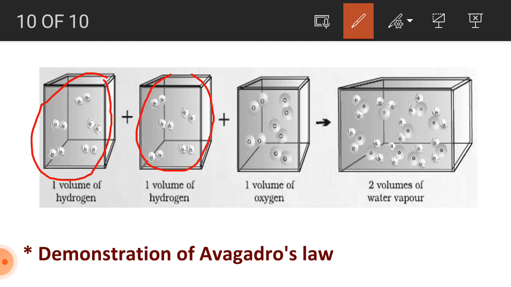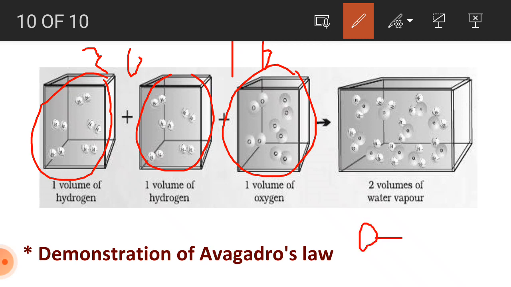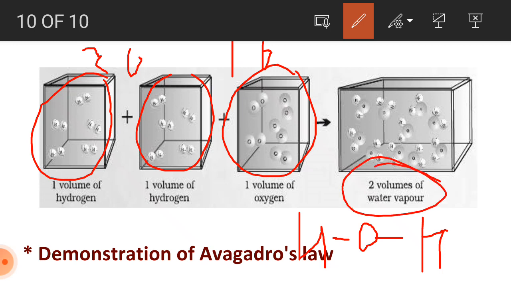And in the last box, there are 10 oxygens. So all in all, there are 20 hydrogens and 10 oxygens. And we know that one oxygen combines with two hydrogens to give a water molecule. So we get a total of 2 volumes of water vapor by the combination of 2 hydrogen atoms and 1 oxygen atom.